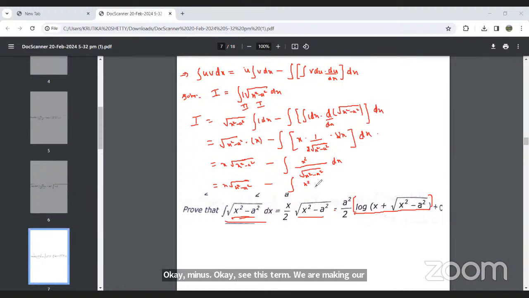So I'll write x square minus a square plus a square divided by root of x square minus a square dx.